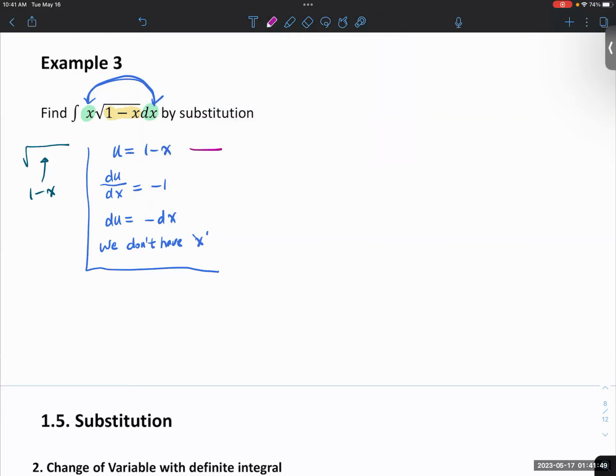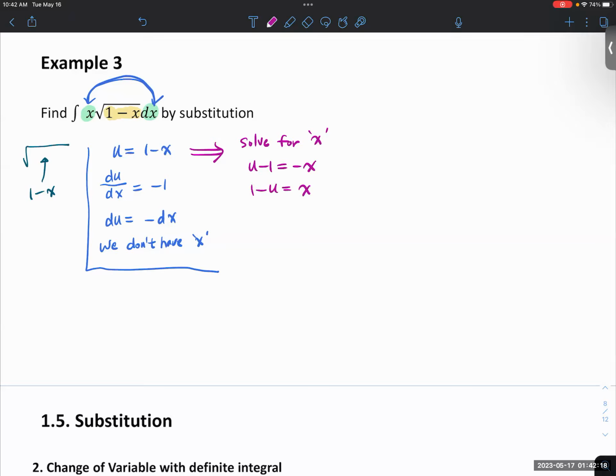So here, I'm going to modify my u. So u is anyway 1 minus x. I can modify this equation in terms of x. So let's solve for x. If you solve for x, u minus 1 will be negative x. And then you're just gonna change the sides. So 1 minus u will be positive x.